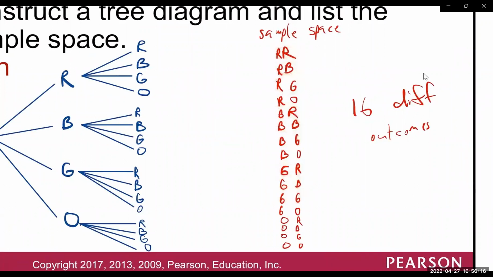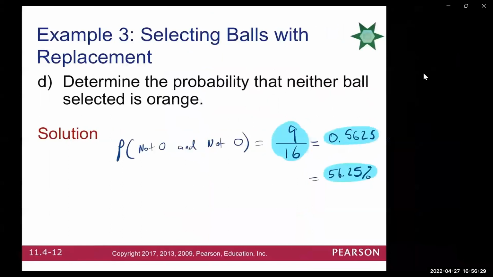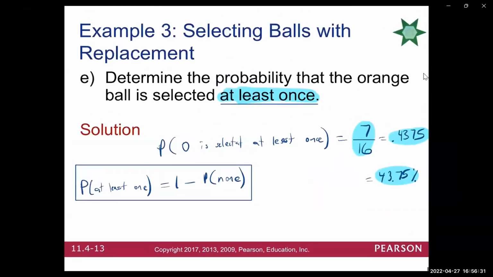Yeah, 1, 2, 3, 4, 5, 6, 7, 8, 9. So it's 9 out of 16. So that would be the probability that none of them have an orange. So it's going to be 1 minus 9 out of 16. That's the probability of at least 1 orange.